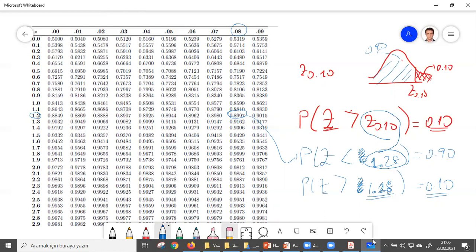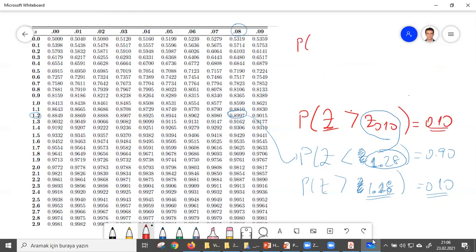And finally, let me erase this part. Let me try to find now the probability that z is greater than z sub 0.01, that's equal to 0.01, right? Because if you plot this again, I have a z here, and the area to the right of this is 0.01, so this is z sub 0.01.